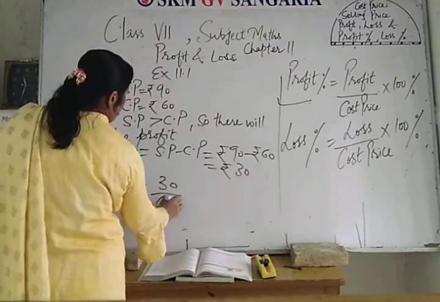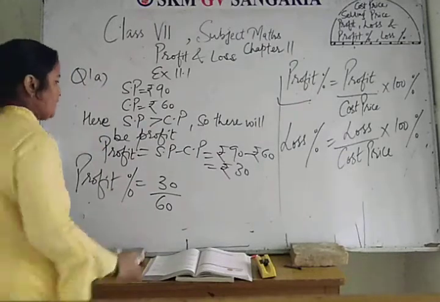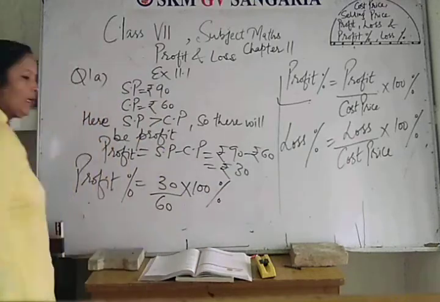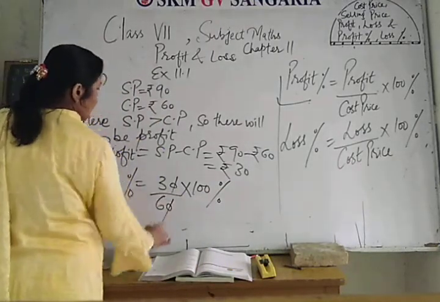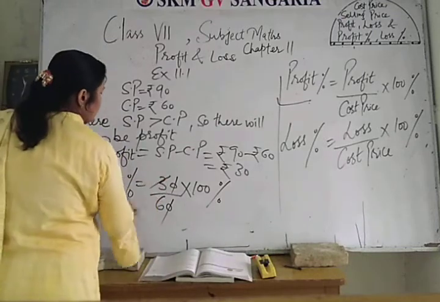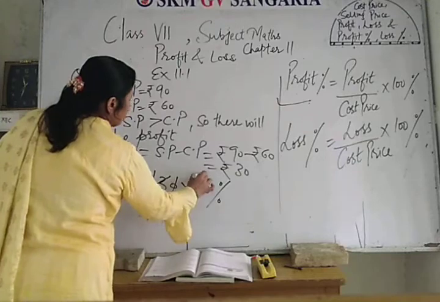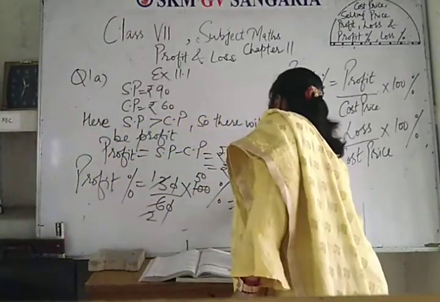Rupees 60. CP will always be taken as denominator. Then into 100%. Now simplify. 10 with 10, 3 twos are 6, and 2 fives. So there is 50% profit.